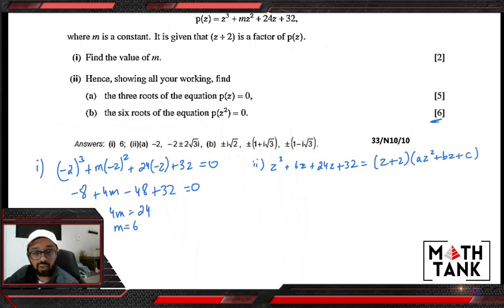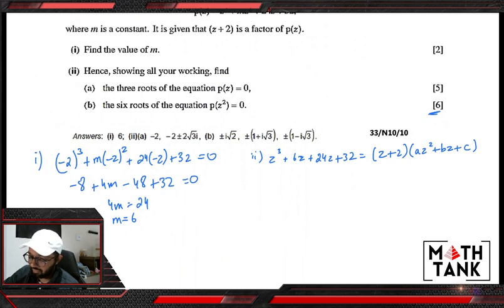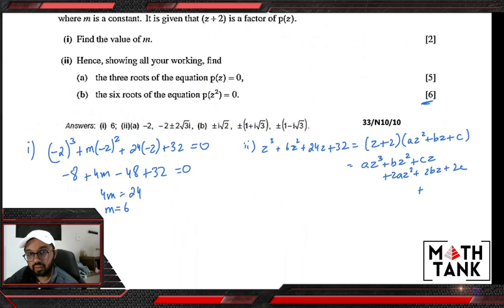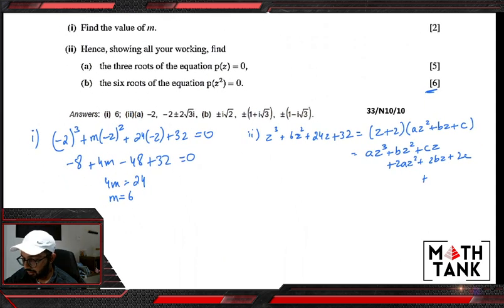I find it a little odd myself to be writing z instead of x, but that's what the question says, so I'm just going to do that. Quickly expanding this gives me az cubed plus bz squared plus cz plus 2az squared plus 2bz plus 2c. Let's just do that.